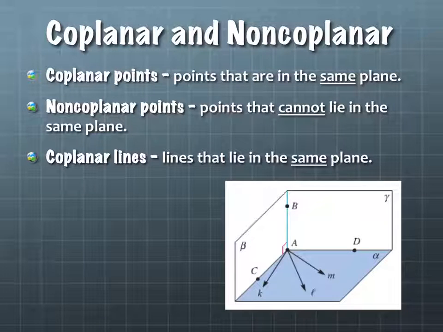Because the plane that contained these 3 points was the wall, the plane that contained the 2 on the bottom and the one over here was a surface that went straight through like this at the diagonal, right? And those 2 surfaces, those 2 planes were not the same. So there would not be a plane that contains all 4 of those particular points. Non-coplanar points are points that cannot lie or do not lie in the same plane.